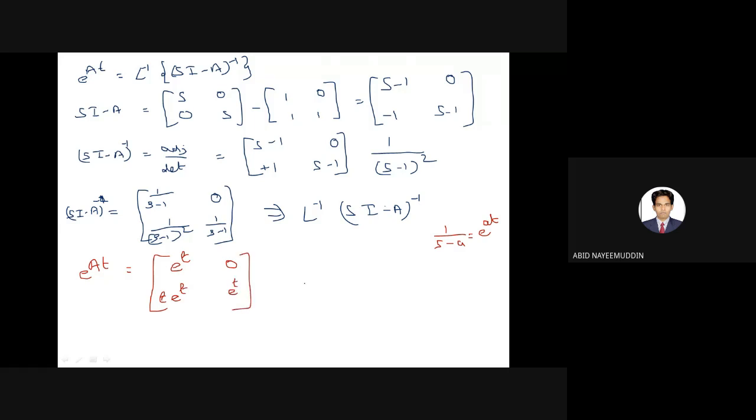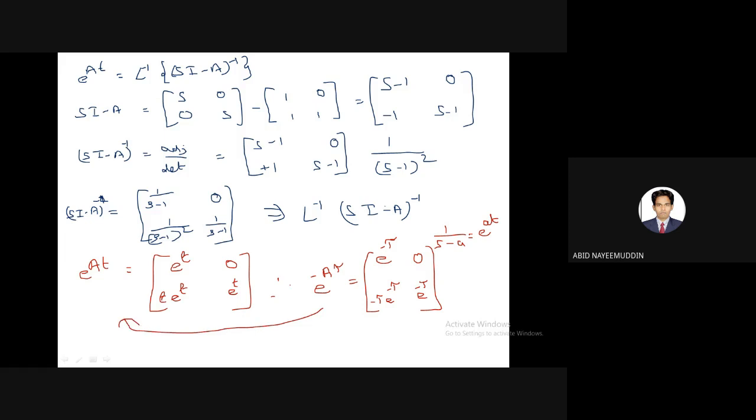You got this expression for e power at, and similarly for e power minus a tau, the matrix becomes t replaced by minus tau: e power minus tau, 0, minus tau into e power minus tau, and e power minus tau. Now you have e power t and e power minus tau.